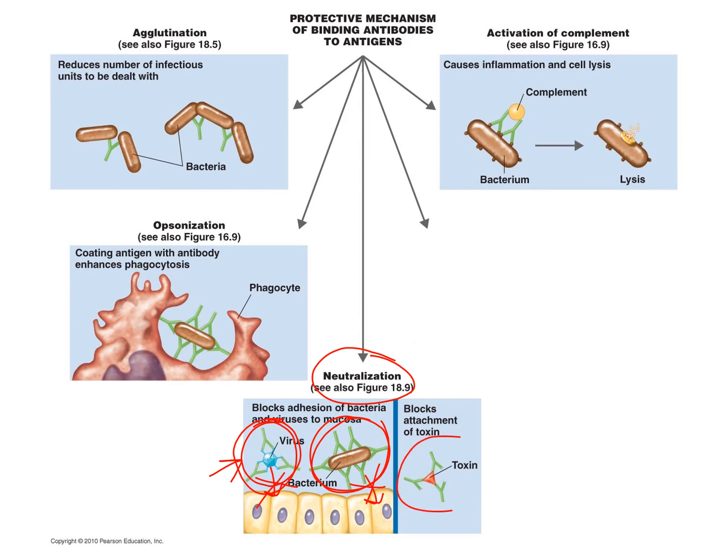Also with exotoxins, because they are proteins, if the antibody binds all over the toxin, then it will be unable to bind to the target cell and have the negative effect on it. So neutralization is a really important protective mechanism that antibodies have. And remember, your humoral immune response is very effective against viruses, bacteria, and toxins.